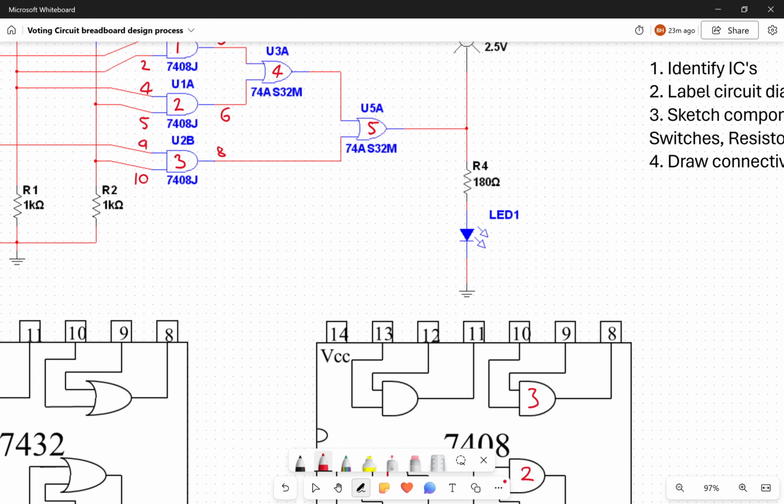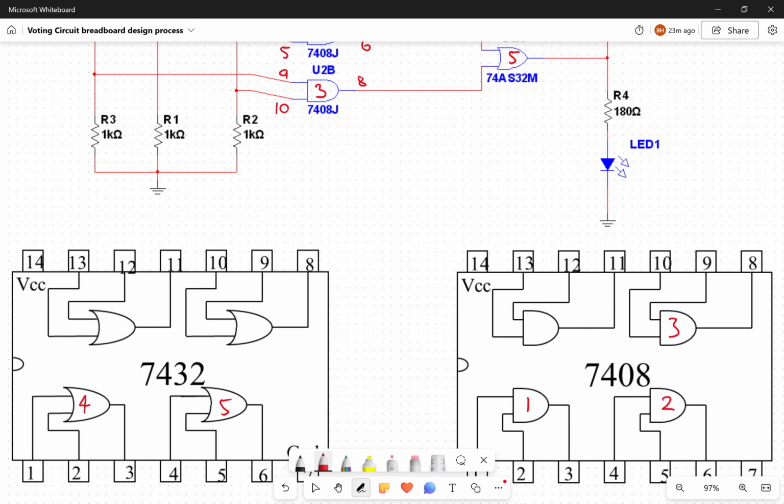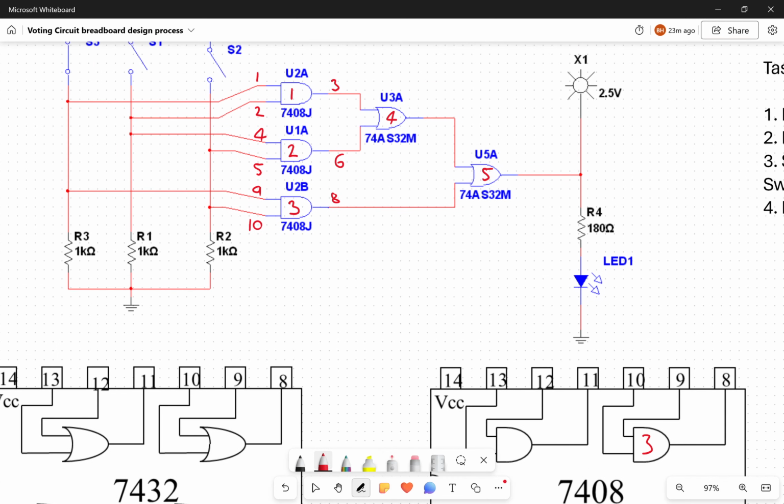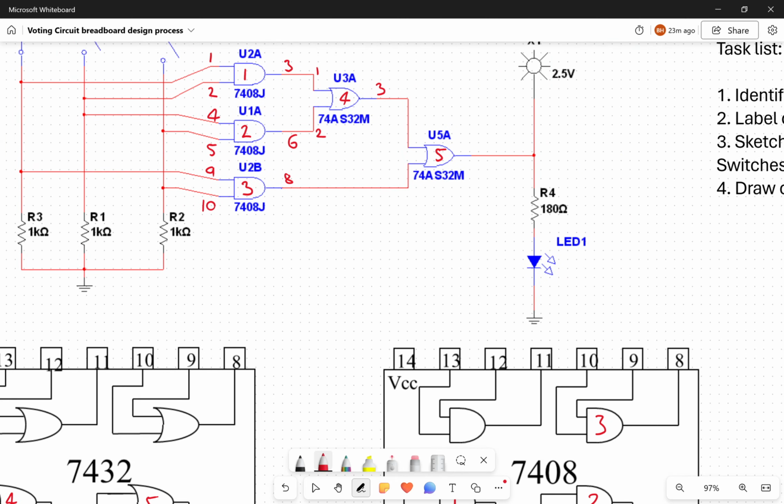Just like that. We can do the same for the OR gates, gate 4 and gate 5, and then we've got 1, 2 and 3, and then for 5 we've got 4, 5 and 6.